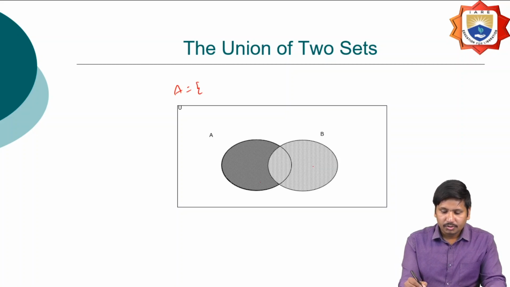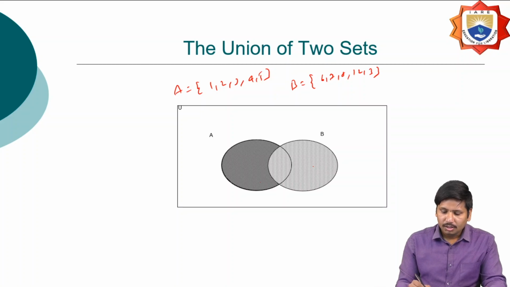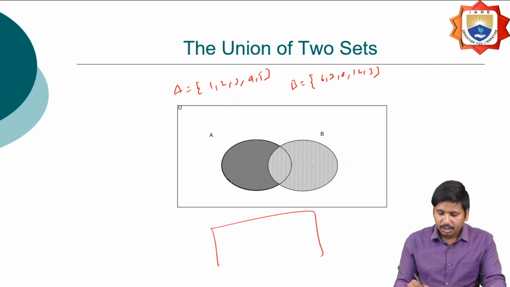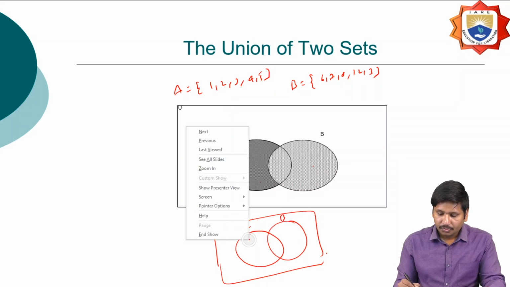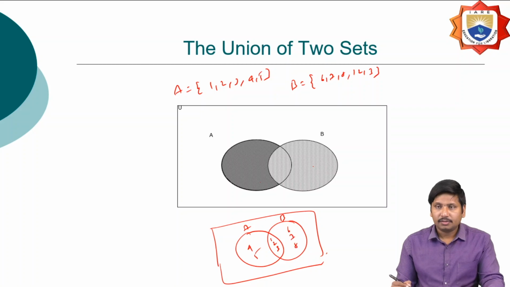Let's take an example. A is equal to 1, 2, 3, 4, 5. B is equal to 6, 7, 8. So I can construct this Venn diagram: 1, 2, 3, 4, 5, 6, 7, 8.